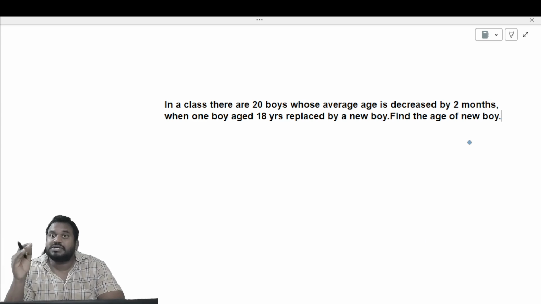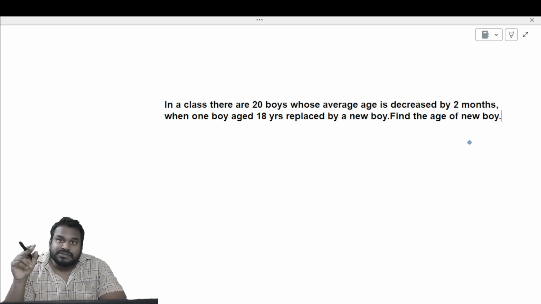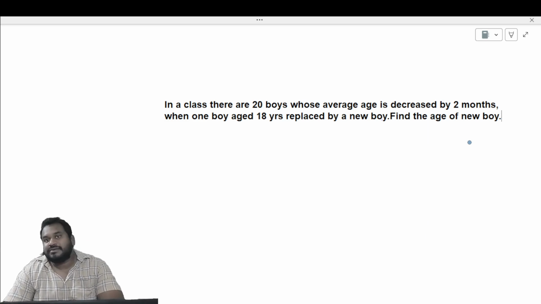If another person comes who is more than 30 years, then the average will increase. If a person having 25 years replaced the person having 30 years, then obviously the average will be decreased. So here he is saying it is decreased.